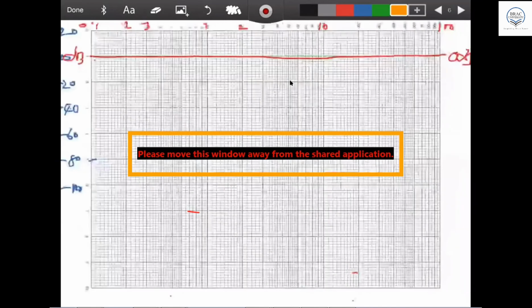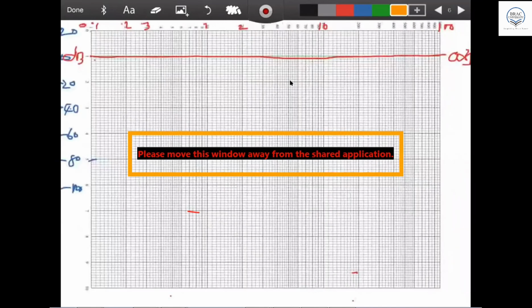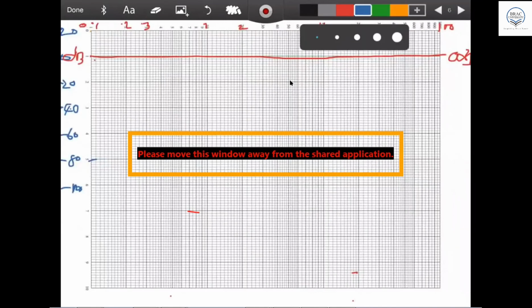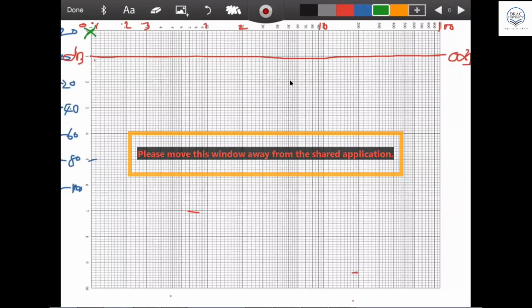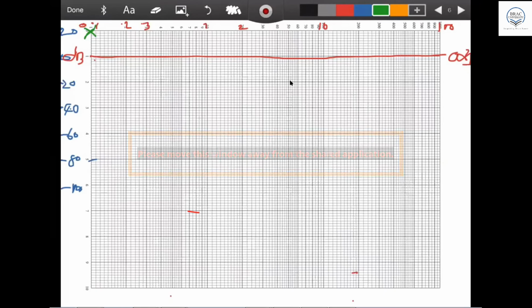So 0.1 is this line and 20 dB is this line. If I ask where the point is, everyone should know it will be here, the corner point. Do you understand? Yes, sir. All of you try to get it because this is important to know.